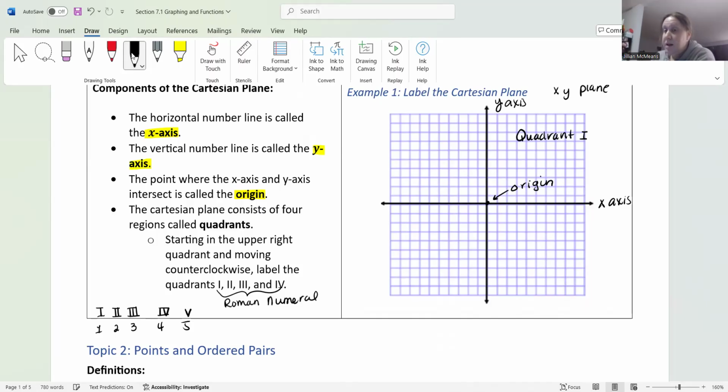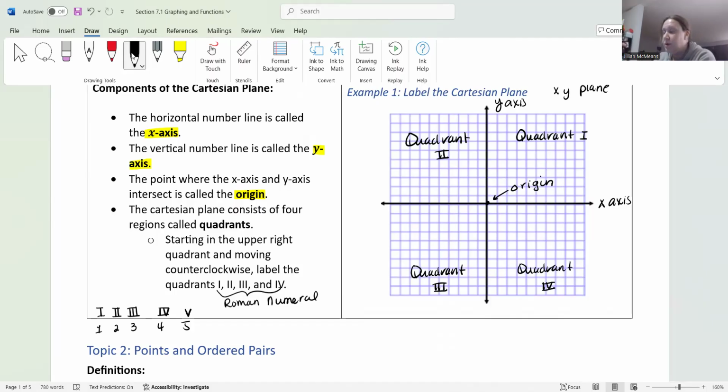Then moving counterclockwise, we have quadrant 2, quadrant 3, and then finally quadrant 4. And the order is non-negotiable. That is how we label the quadrants, okay? So there you have it. That is the x-axis, the y-axis, the origin, and the 4 quadrants.